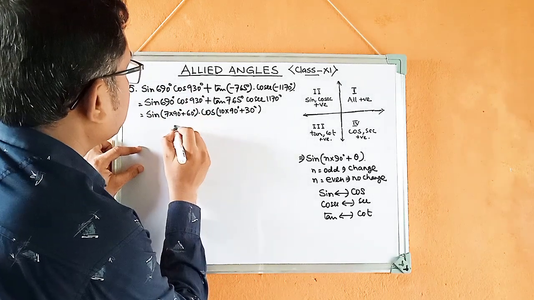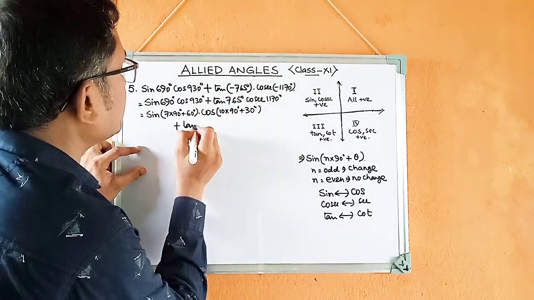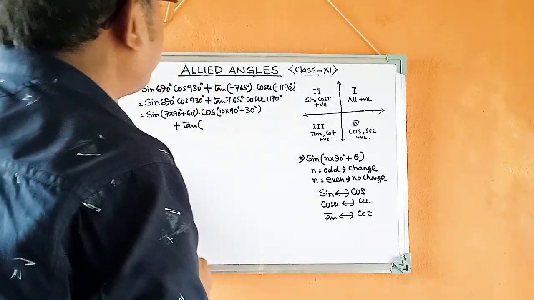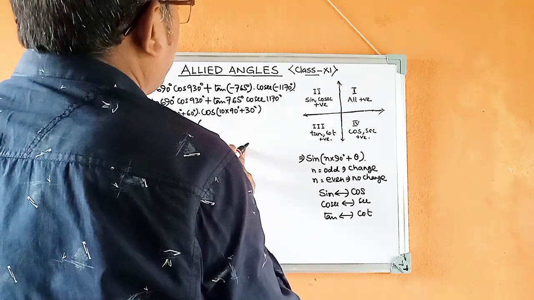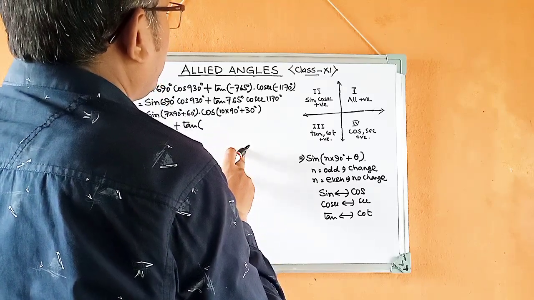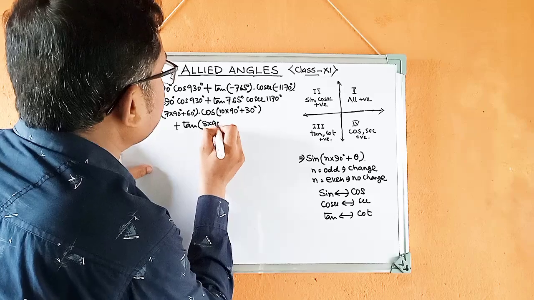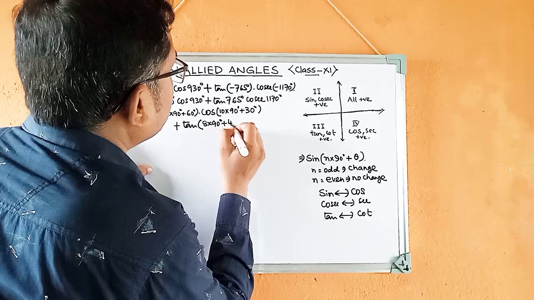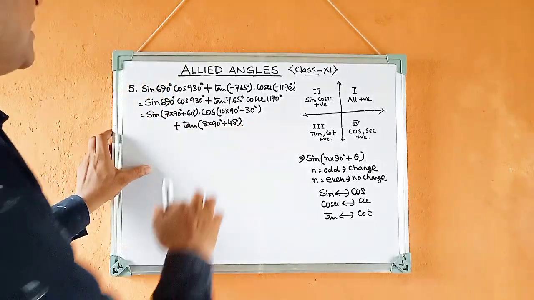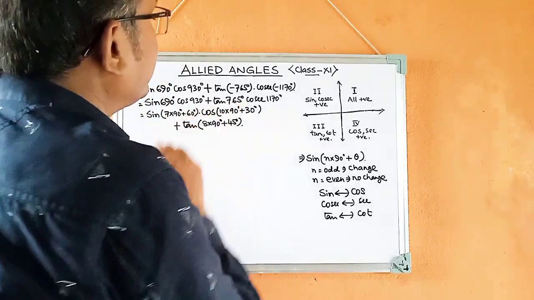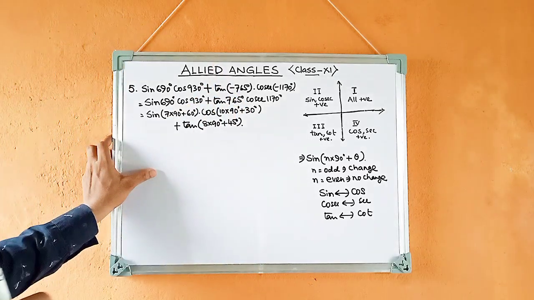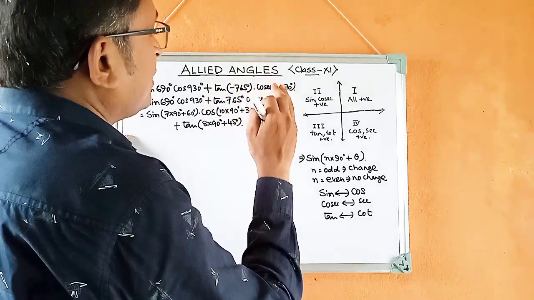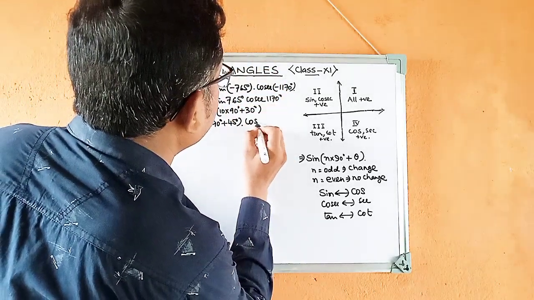Plus tan 765 degree: 8 into 90 is 720, 720 plus 45 degree means 765 degree. And the last one is cosec 1170 degree.